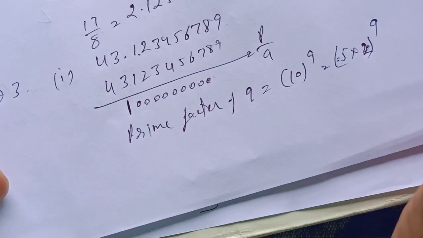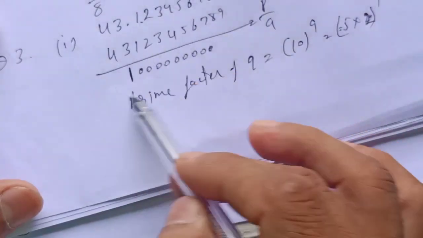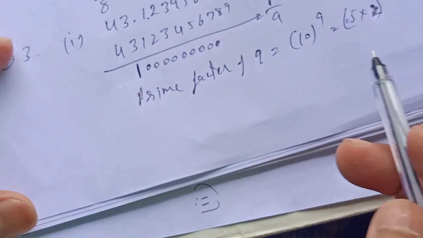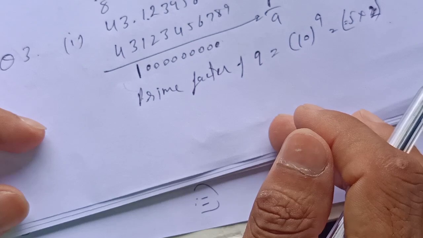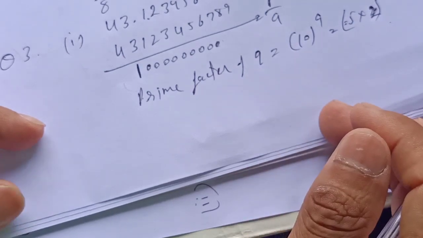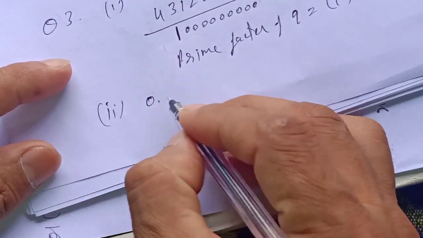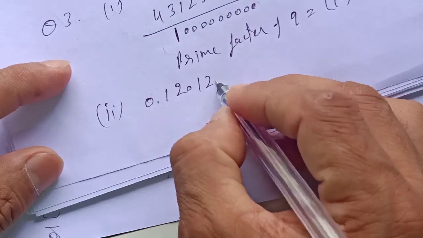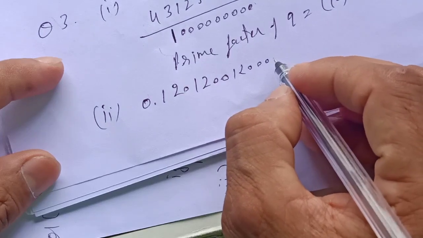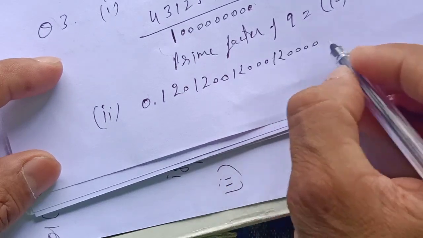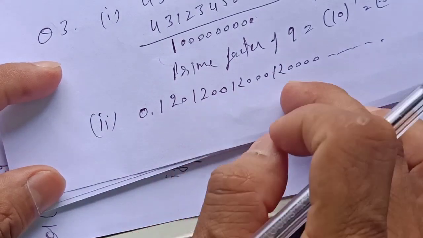The remaining part you have to do yourself. If this is terminating, you can write it as this. If this is non-terminating and non-repeating, like the second part, 0.120120012000120000 and so on, this is non-terminating and non-repeating.